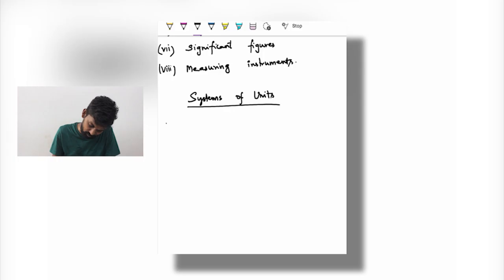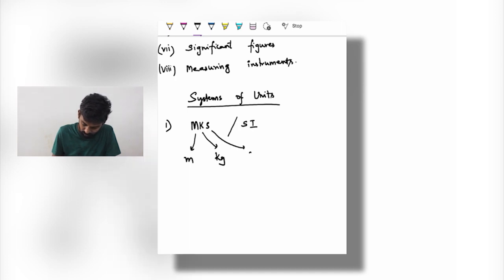Now, different systems of units. First one, MKS system or SI system. MKS system uses meter, kilogram and second. Likewise, CGS system uses centimeter, gram and second.